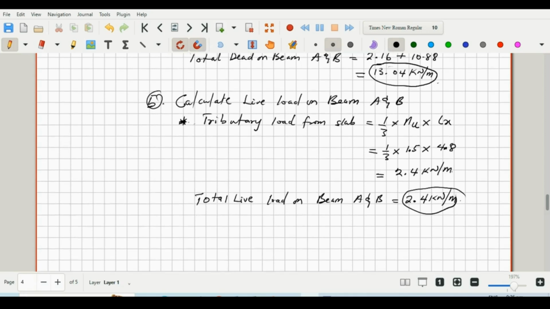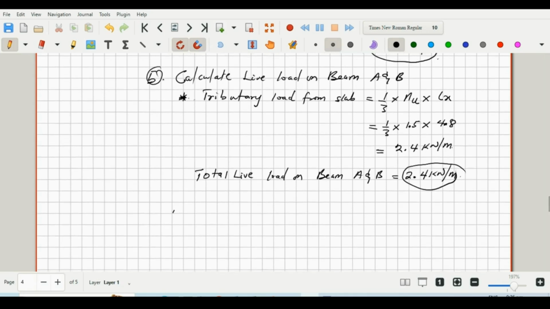Okay, so our ultimate load on beam A and B, as we did previously, we'll multiply the dead load and the life load by their respective partial factors of safety.